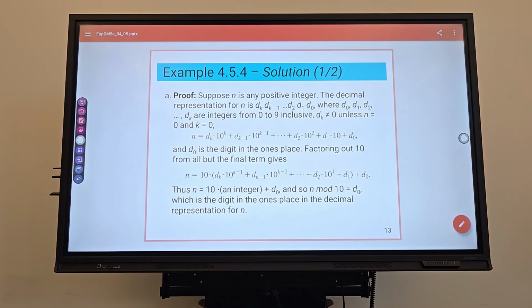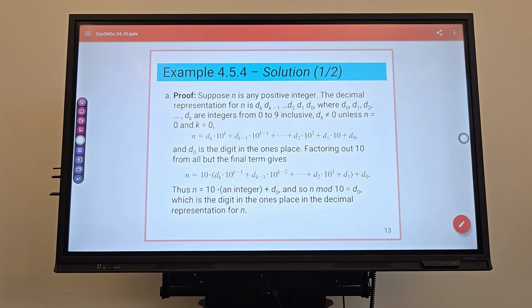Proof of A. Suppose n is any positive integer. The decimal representation is given here, where the digits are integers from 0 to 9 inclusive. dk does not equal 0 unless n equals 0 and k equals 0, and d0 is the digit in the ones place.